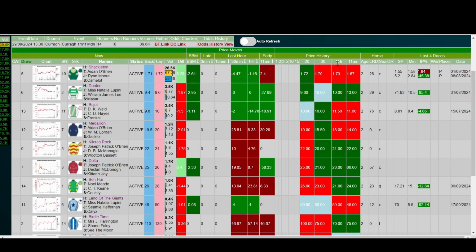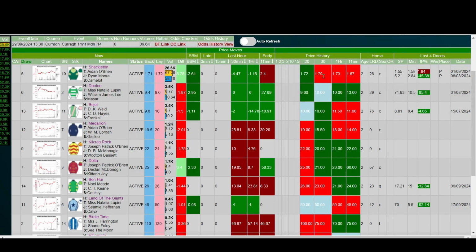So we arrive at the 1 hour from the race column now. We get the morning price, and then we start monitoring the price of the horse from 1 hour inwards. If we look at this odds on favourite here, it opened at 1.67 in the morning. As we got to an hour out, which was around 12:30 this afternoon, he's drifted, and then at 30 minutes he's also drifted.